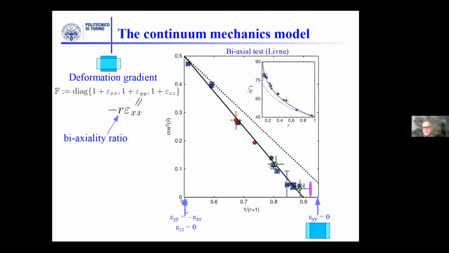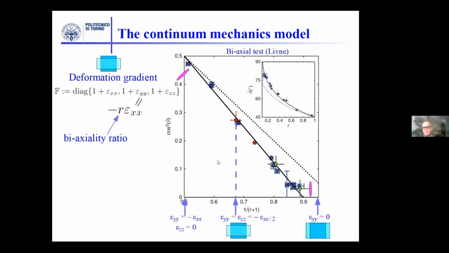This other opposite end is the one in which r is equal to 1, epsilon yy is equal to minus epsilon xx. And the other important point is this one, where you find cells that are elongated, oblique at 45 degrees.